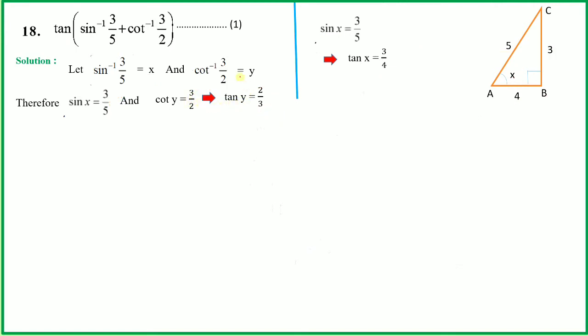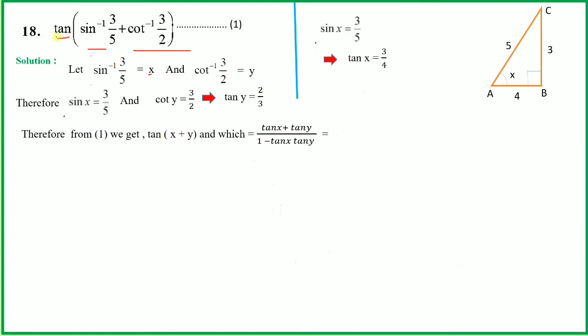Now both terms are in terms of tan, so we can use the formula for tan inverse x plus tan inverse y. Therefore from 1 we get tan of (x plus y), where sine inverse 3 by 5 is x and cot inverse 3 by 2 is y.